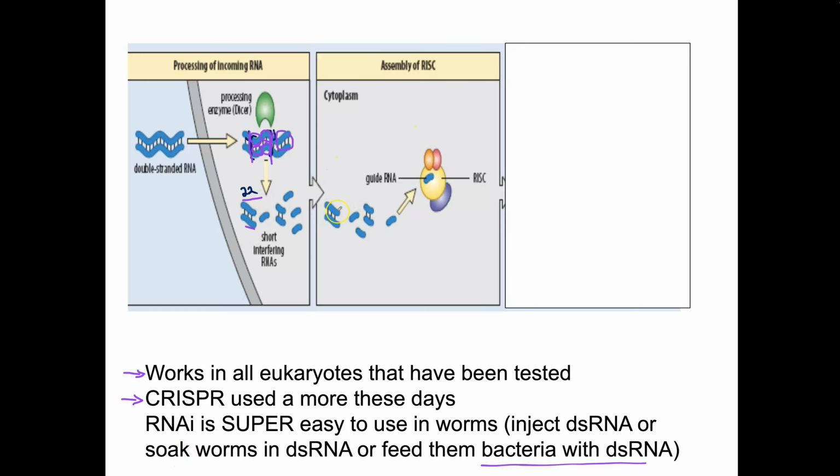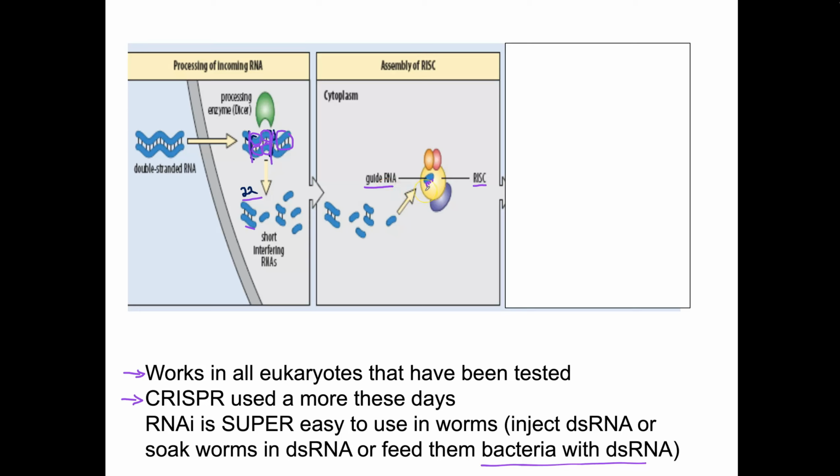So these short interfering RNAs are bound to the RISC complex. And the RISC complex is a group of several different proteins. And the main things it does is bind these little double-stranded RNAs, but one of the strands is discarded, and just a single strand with its ability to do complementary base pairing is retained. And that's referred to as a guide RNA.